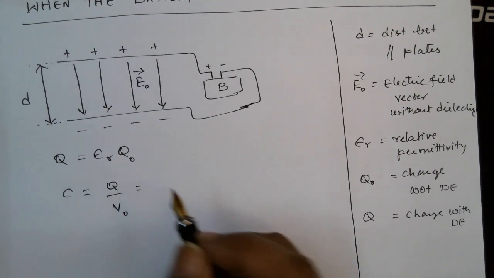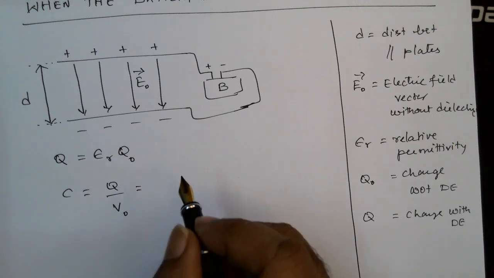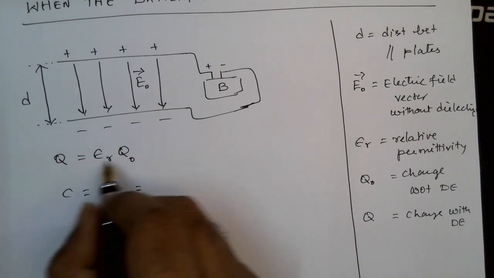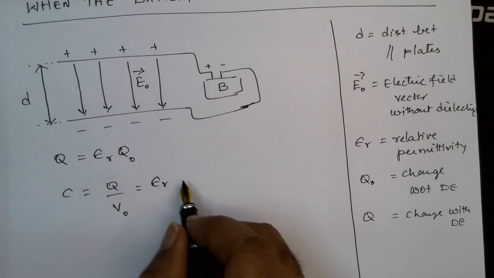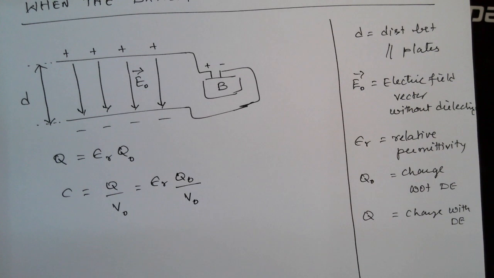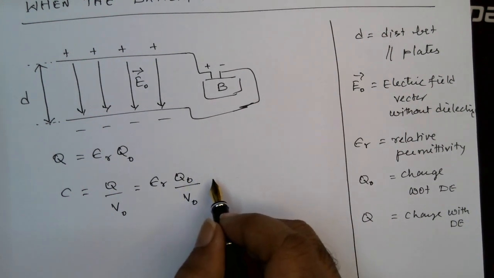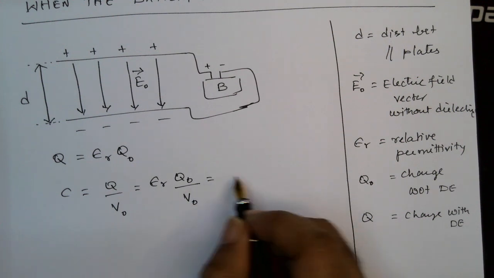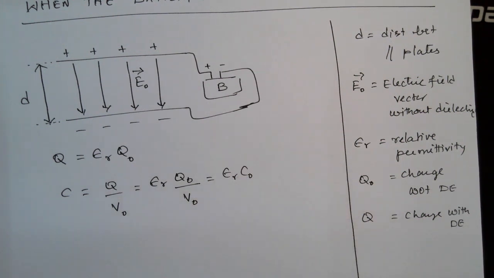Now Q is equal to epsilon r into Q naught, divided by V naught. So Q naught by V naught is nothing but C naught, is it not? So we can make this as epsilon r into C naught.